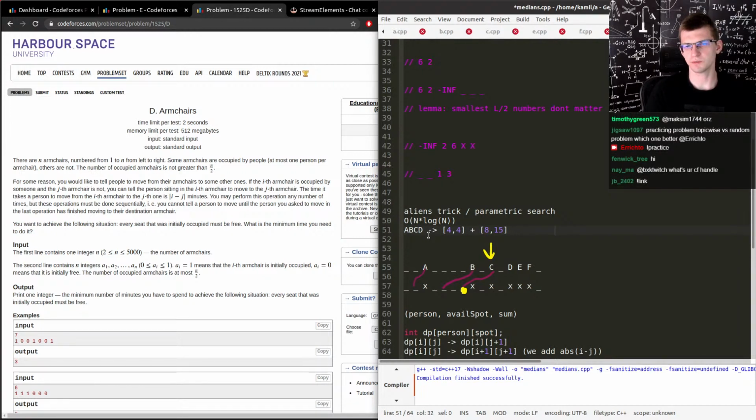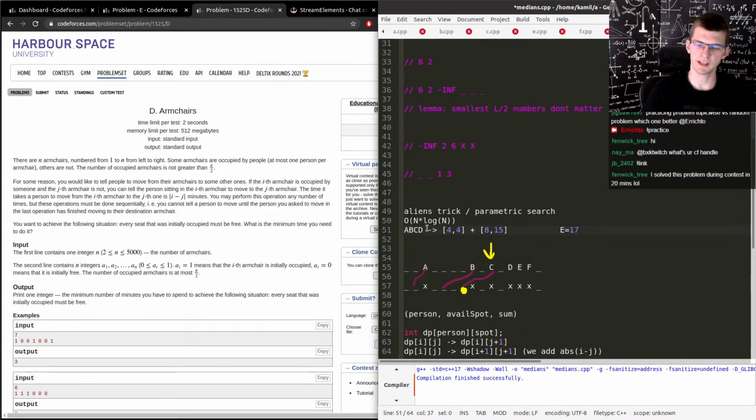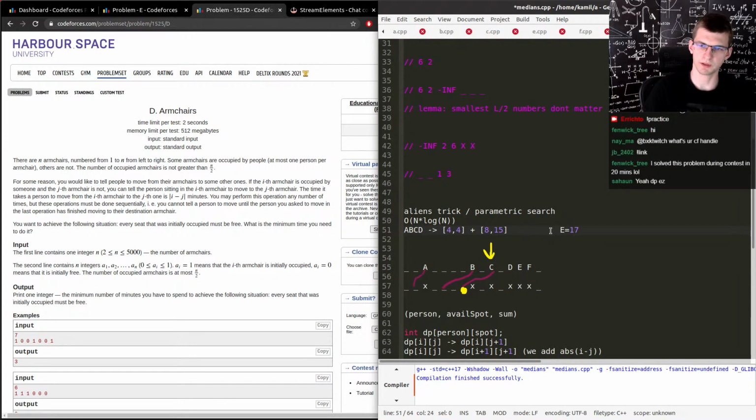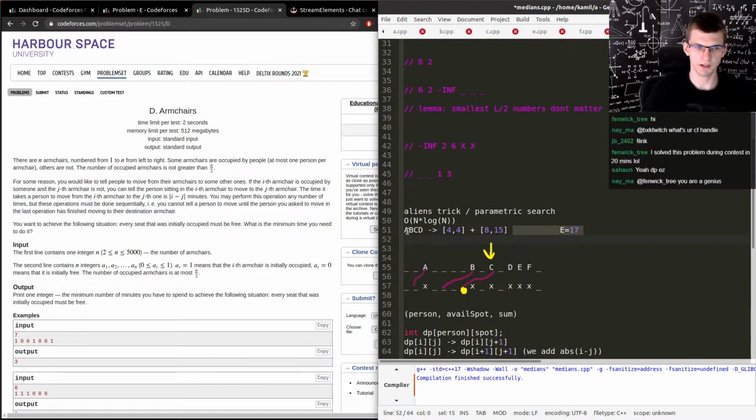And now comes E. E is at some position, maybe it's 16, maybe it's 17, but around it there are a lot of taken chairs. Either E should be connected with something to the right and then nothing happens, or it should be connected to this thing. Maybe 16 is taken, but we can connect this with 15, but it should push this thing more to the left. I have no idea how to do it.